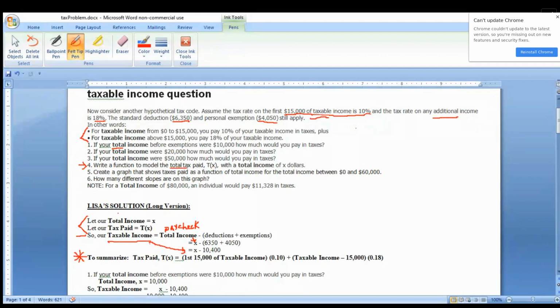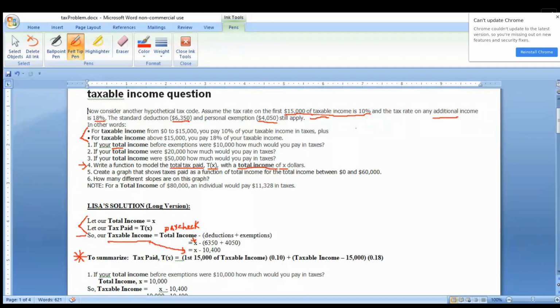But they ask you to write a function to model the total tax paid t of x. So they want us to call total tax paid t of x, with a total income of x dollars. So they want our total income to be called x. So that's what I did here. Let our total income equal x.